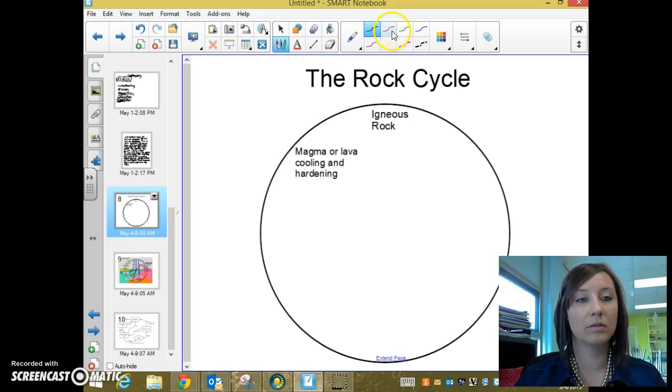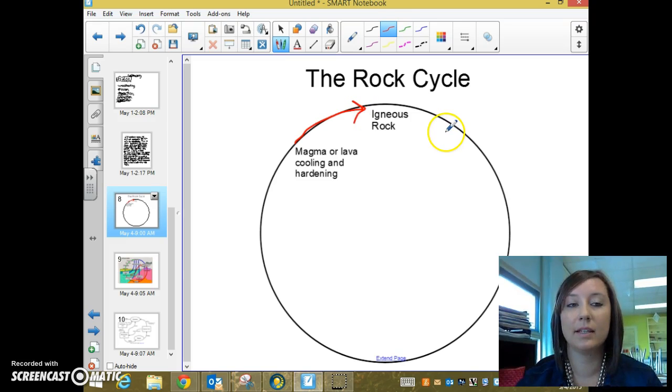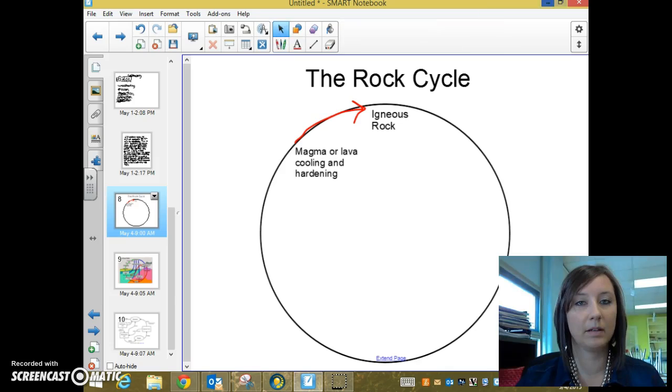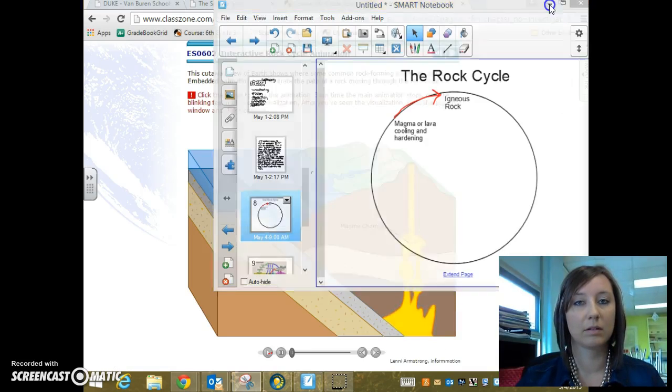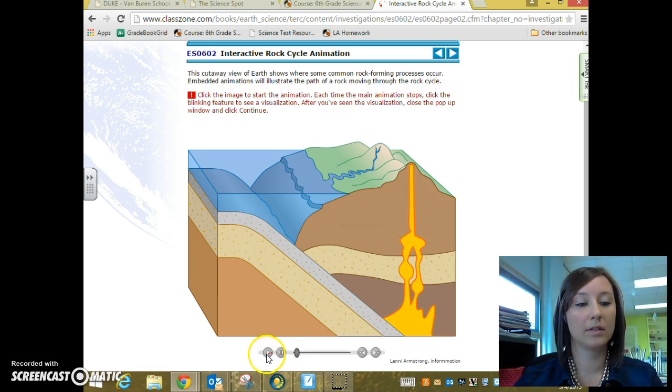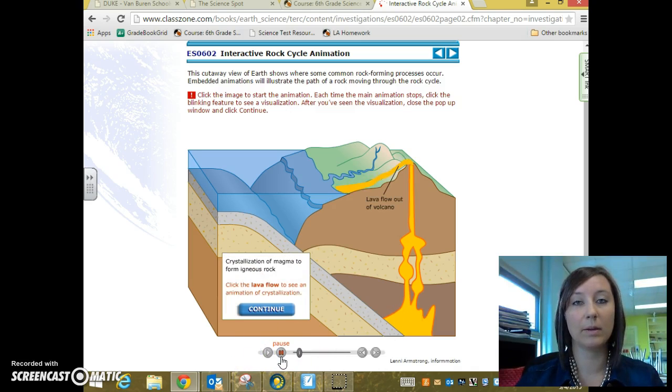And then we're going to work our way on the rock cycle this way to get igneous rock. So if we look at this whole thing here, we have a magma chamber. And what happens is that magma chamber is going to eventually erupt.